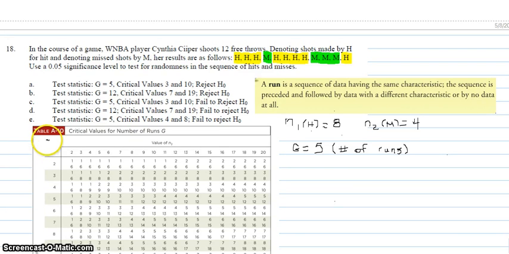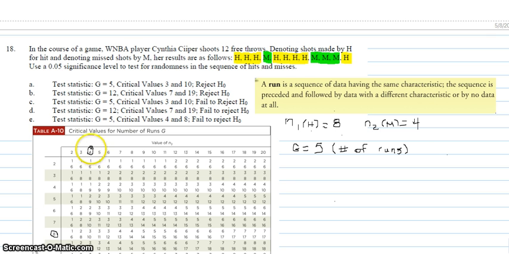Along this side here is N1. N1 we said was 8. N2 we said was 4. That's at the top.